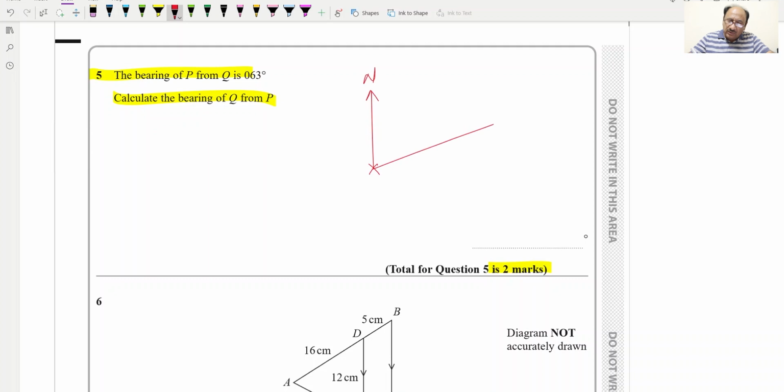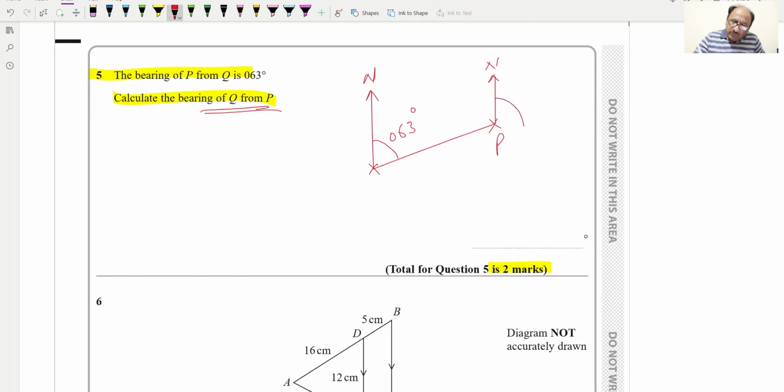So roughly we can take P over here and this angle is 063, and the north at P we can draw like over here, and calculate the bearing of Q from P.